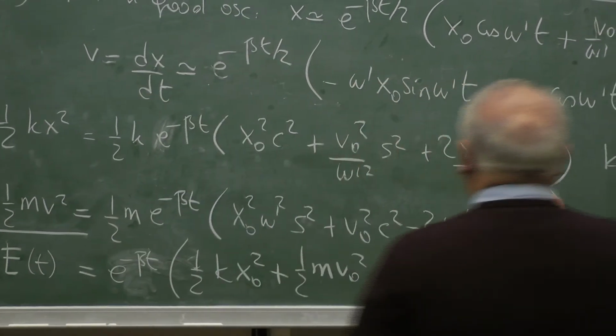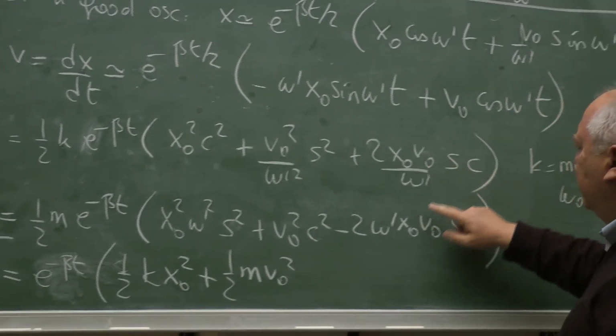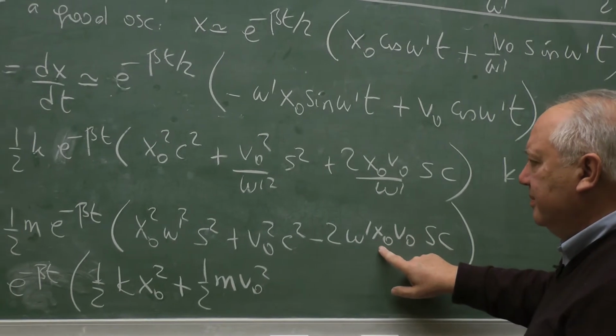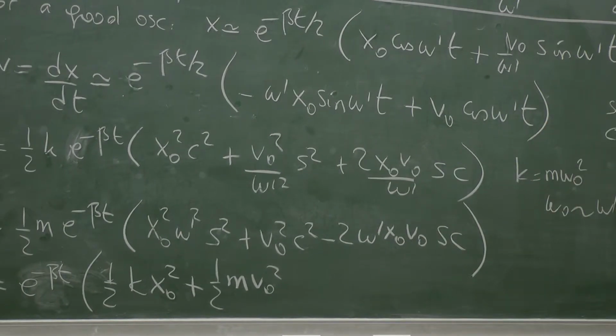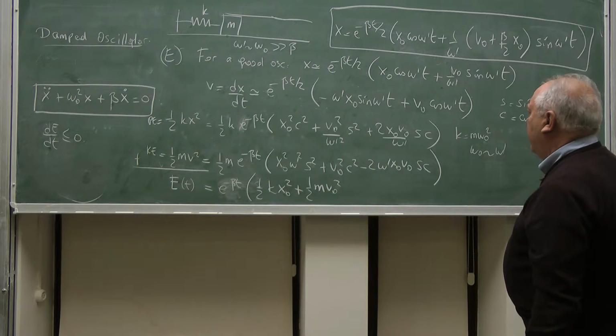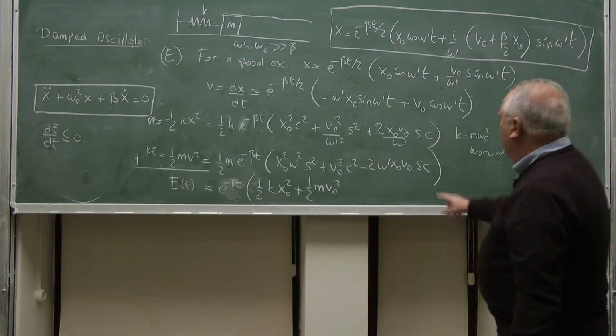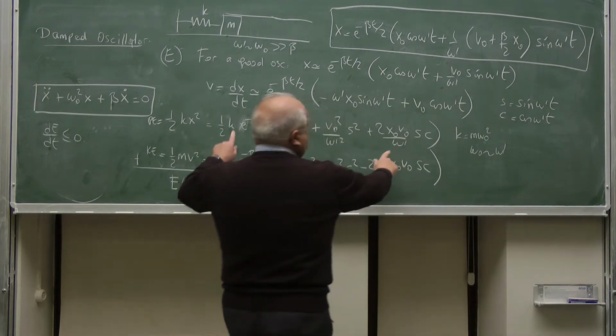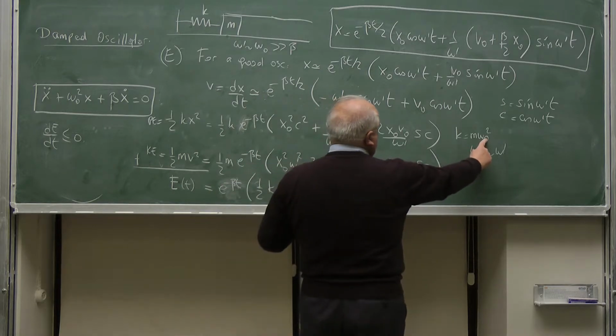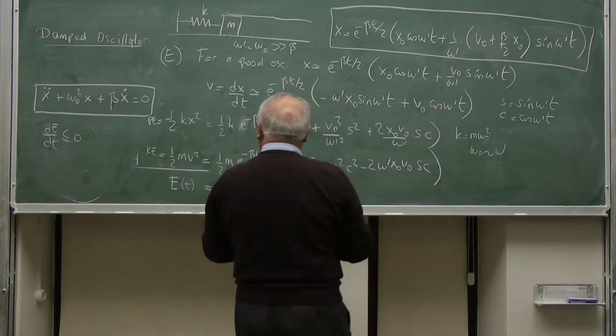Hopefully they will cancel. x0 v0 over omega prime. This omega prime, this was m omega 0 squared, so one of them cancels that.